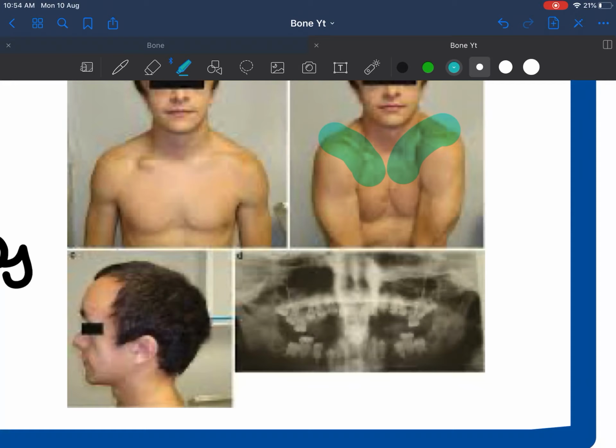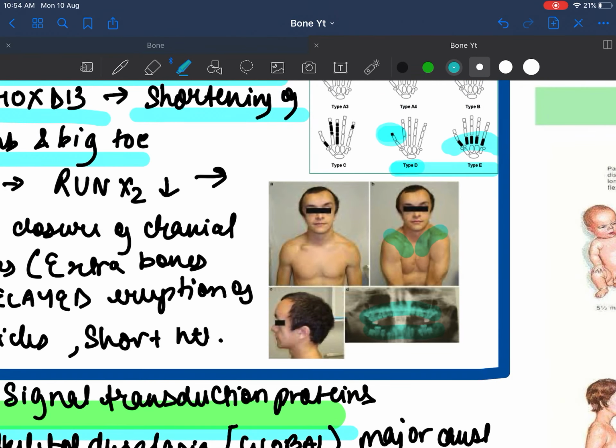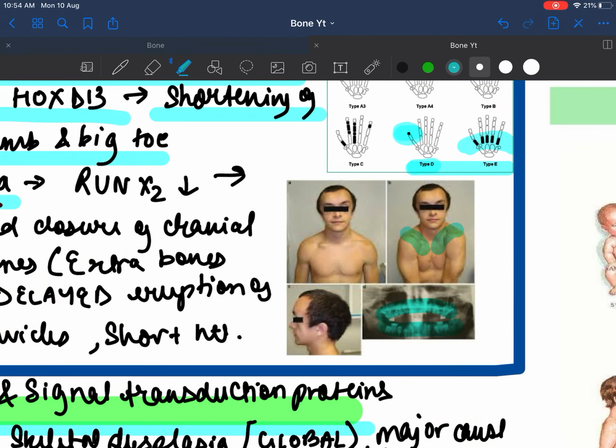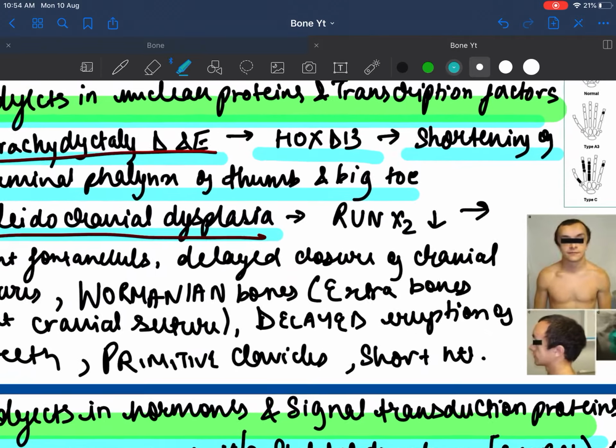Also, typically they have supernumerary dentition. It means the teeth are not normal. The teeth are haphazardly arranged; there can be an increase in the number of teeth, and the teeth can be one over the other, or decreased in some areas, or increased in some areas. So what is the problem in this?